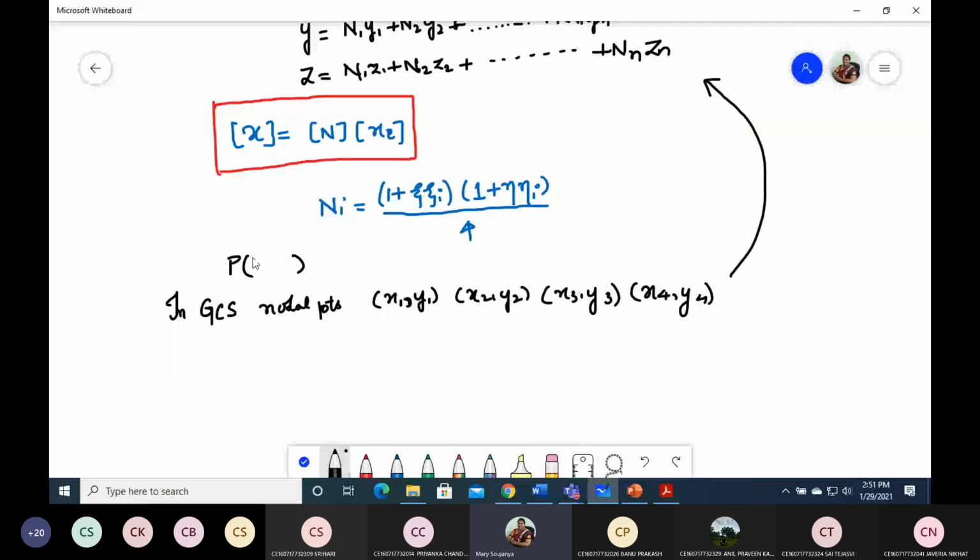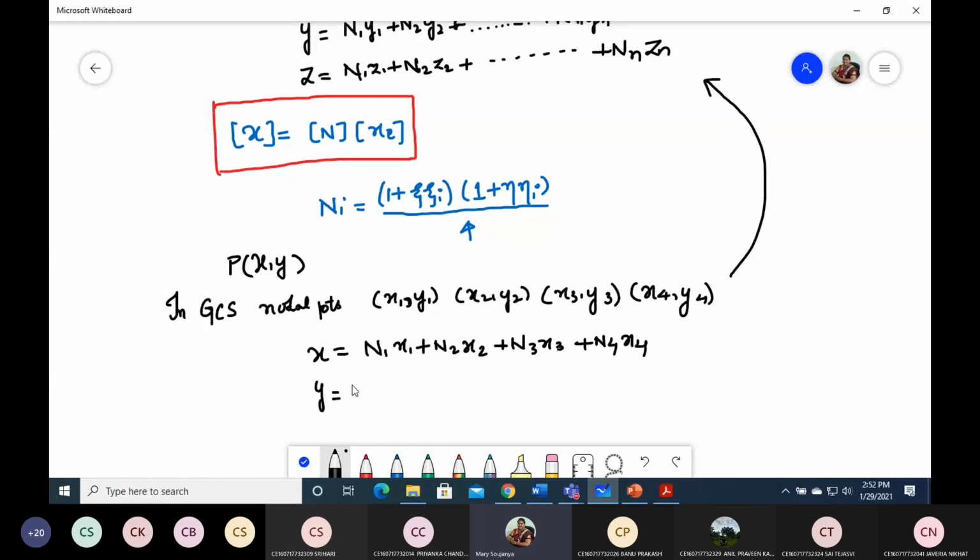We define the coordinate of the point P as x is equal to n1 x1, n2 x2, n3 x3 plus n4 x4.